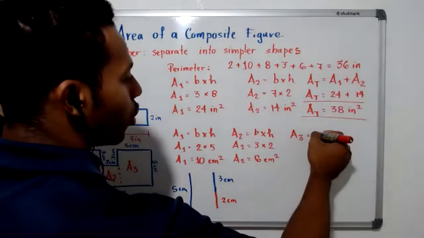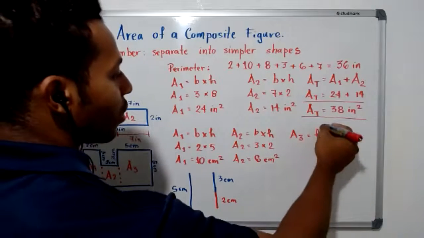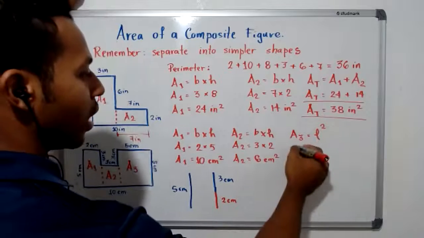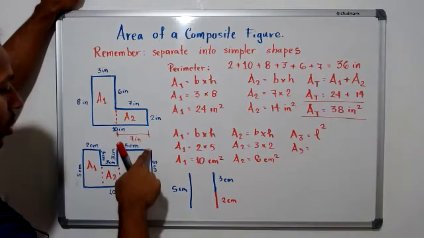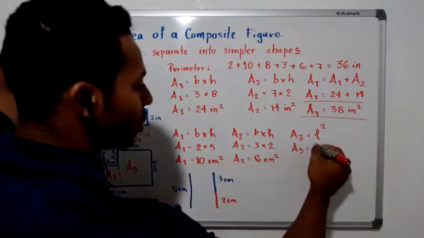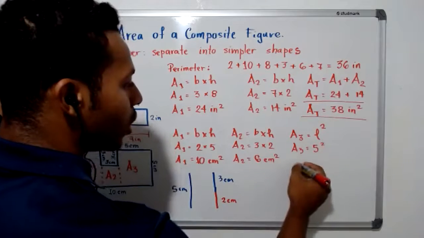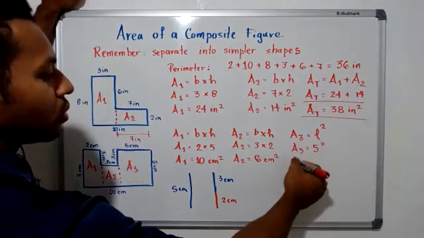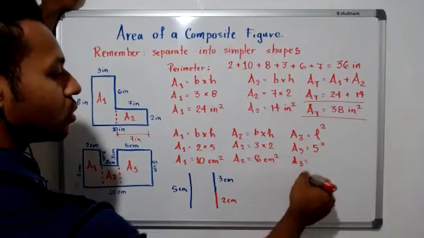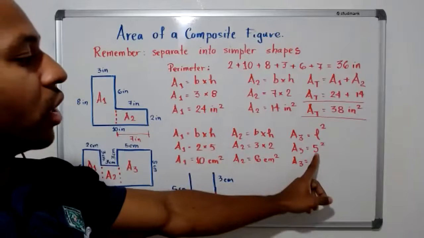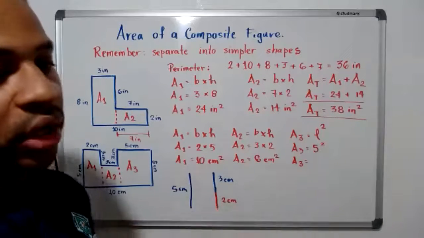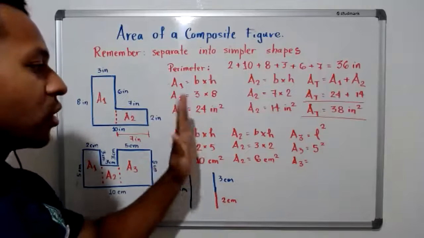25, because we are going to square the length. Length squared. And what is the length? The same, 5, equal sides. 5 centimeters. So 5 squared. What does 5 squared mean? 5 times 5.